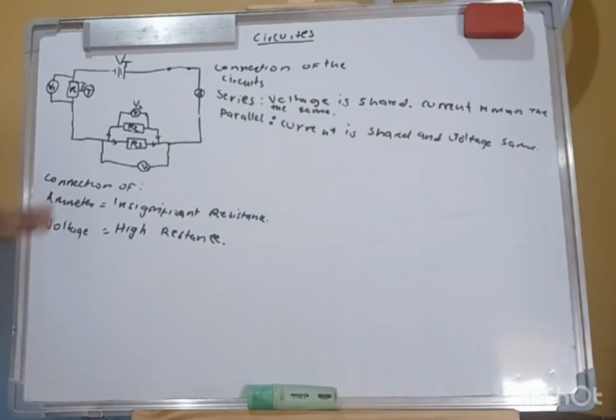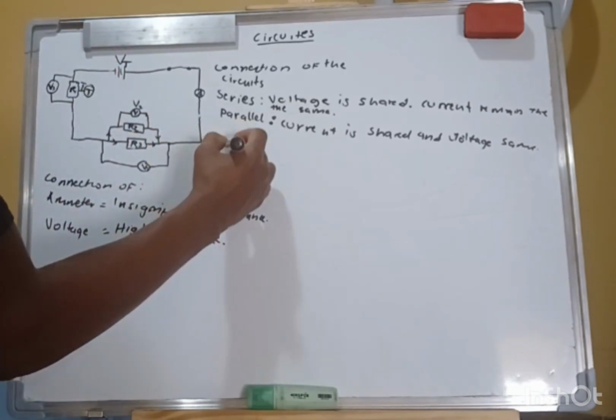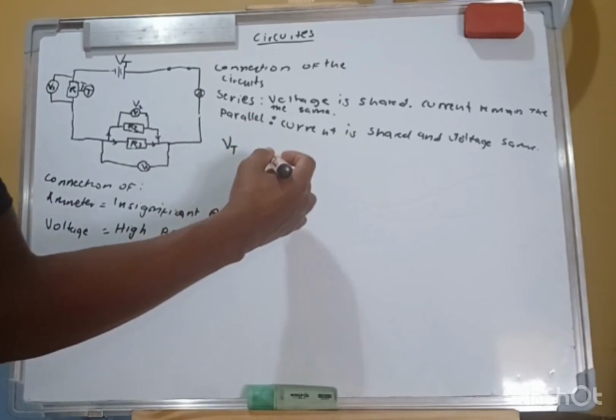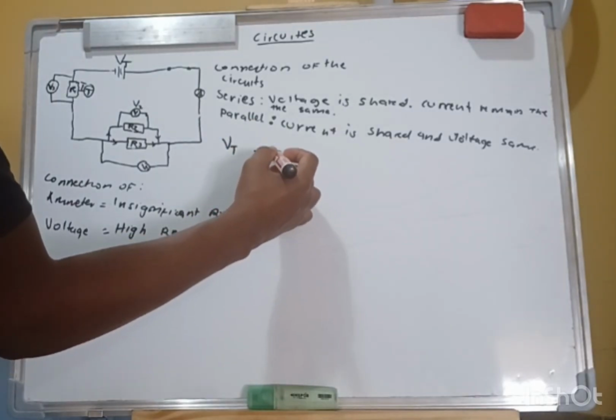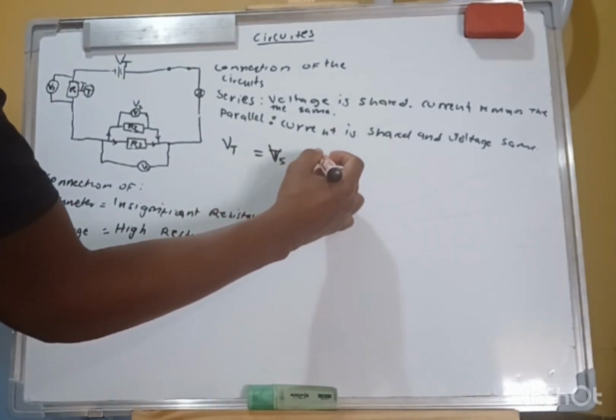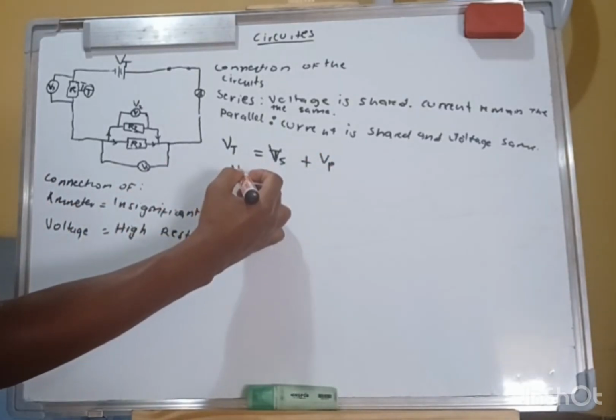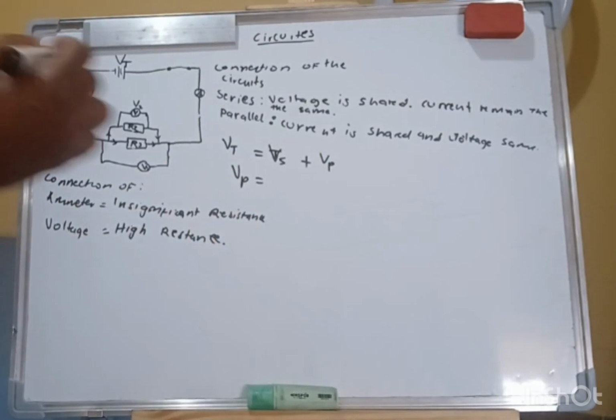Now let's look at the voltage, because I spoke about the voltage being shared. So, guys, on this part, remember, the first thing: the total voltage produced by the battery is always the voltage in series plus the voltage in parallel. But the voltage in parallel is equal everywhere.